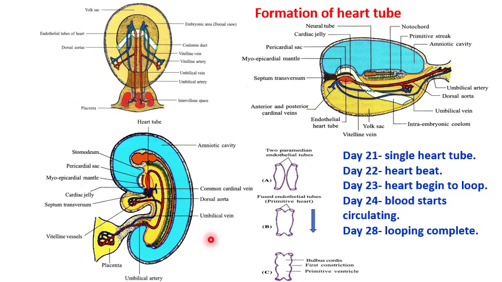So the cranial end of a single tube may be called the arterial end of the heart, and it bifurcates into two branches, that is the aortic arches. This is the first aortic arch which joins with the dorsal aorta, encircling the developing foregut in the cranial end.